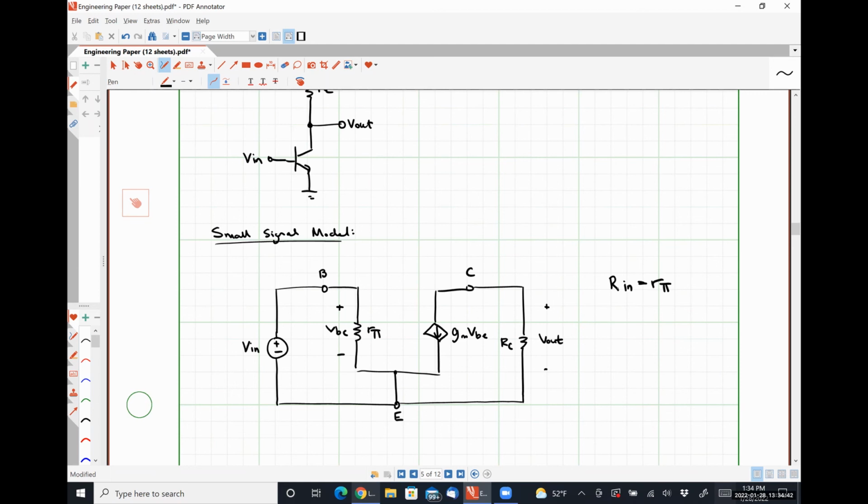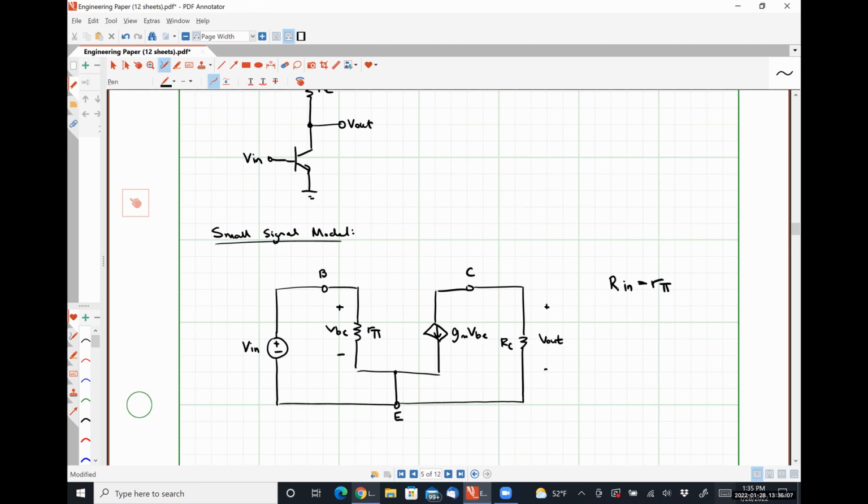So if Vin is a short circuit, what's VBE? 0. So how much current is being supplied by our dependent source here? So what does it look like? An open circuit. So we're looking in, we have RC, an open circuit, and then a resistor that's shorted out.